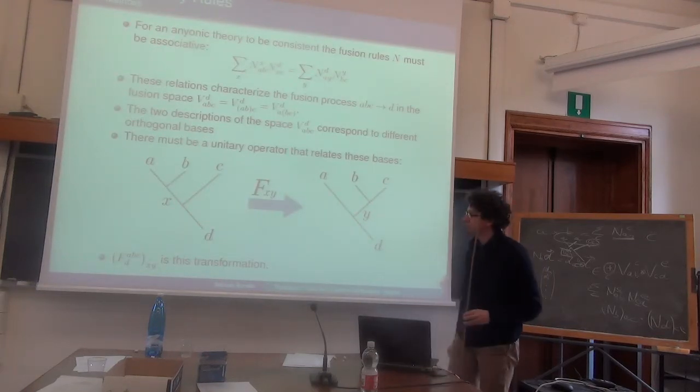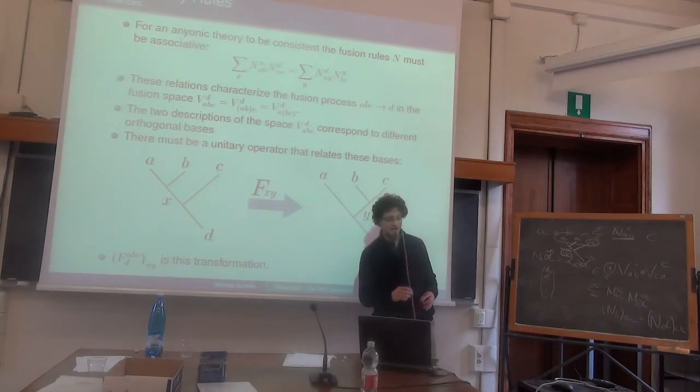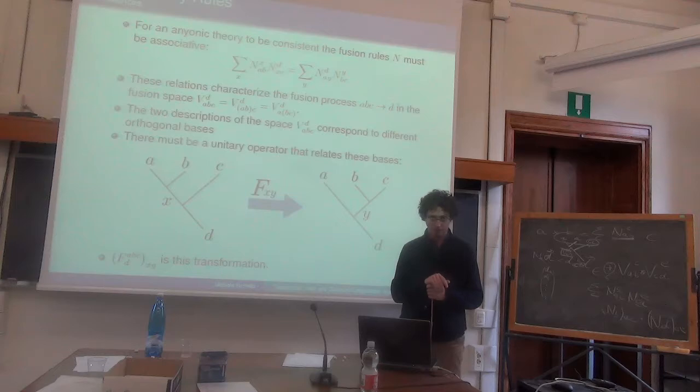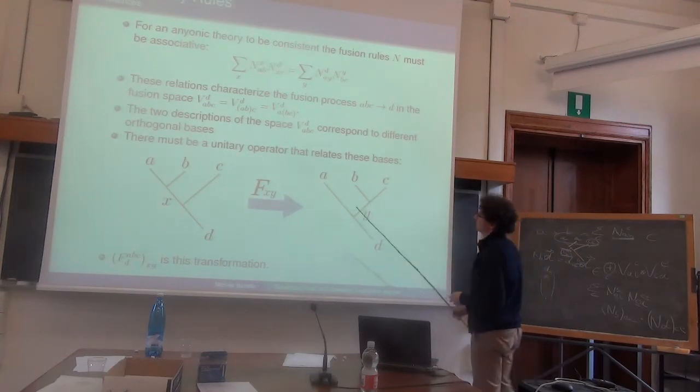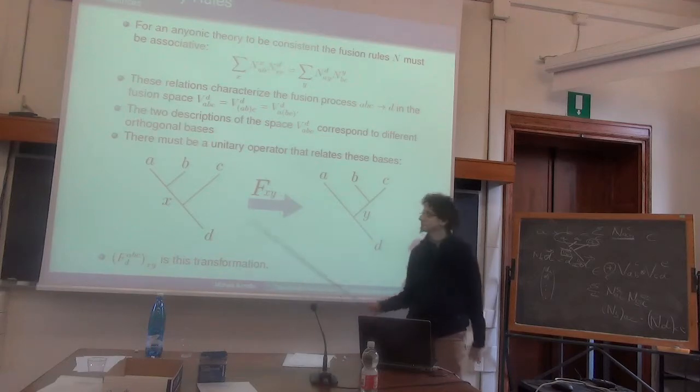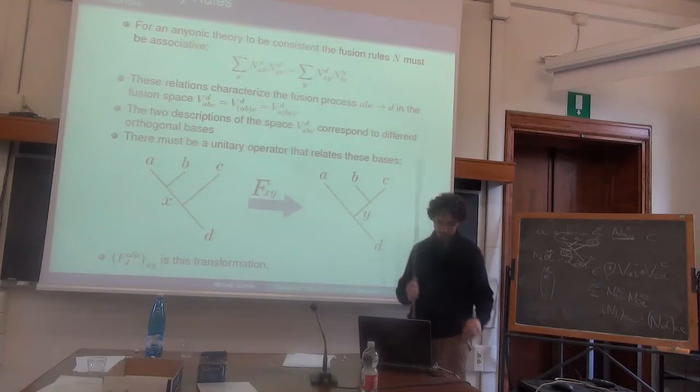So, as I was mentioning, however, the N matrices are only the first element to specify an anionic model. And importantly, as Giuseppe was saying yesterday afternoon, these matrices must obey a sort of associativity.